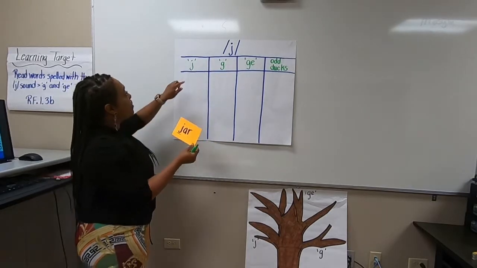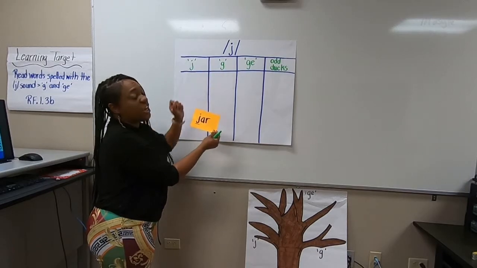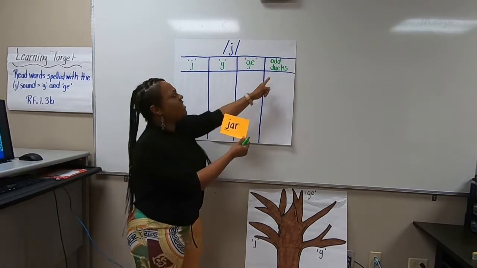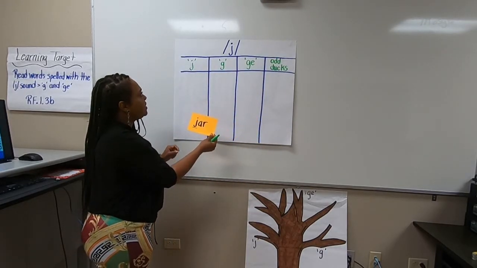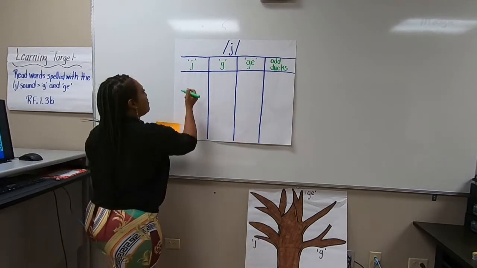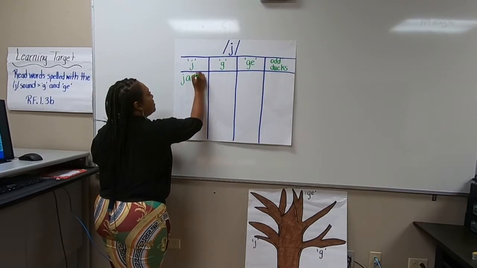Does it belong with the J, the soft G, or GE? Or is it an odd duck? Which one do you think it is? Jar. Very good. It goes here under the J column.